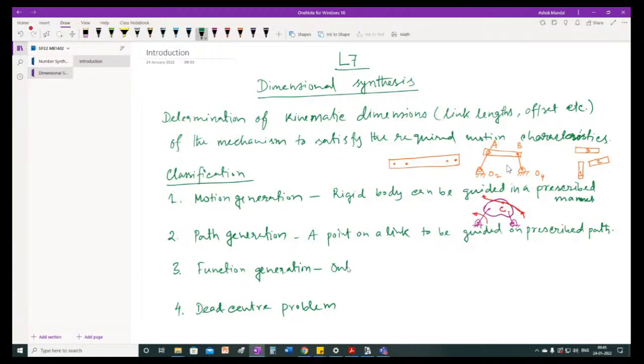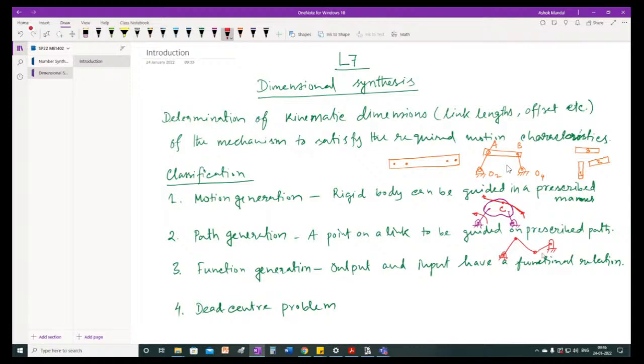When the output link and the input link have a functional relation, for example, let us again consider a four link mechanism. Suppose we have a mechanism like this.